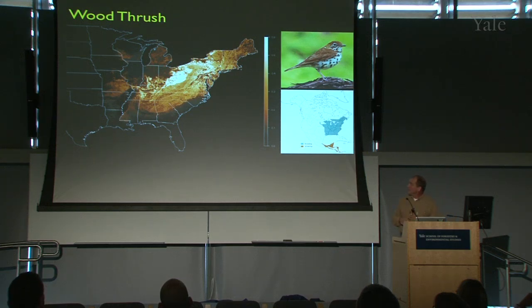On the left is the breeding distribution of wood thrushes in the eastern United States. And up front, I'm going to apologize. Our analyses right now are only going to focus on the United States, the lower 48 states, not because of the eBird data, but because of the environmental variables that we selected early on to build our model predictions.